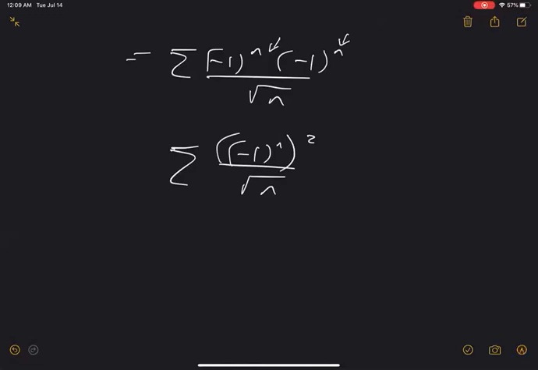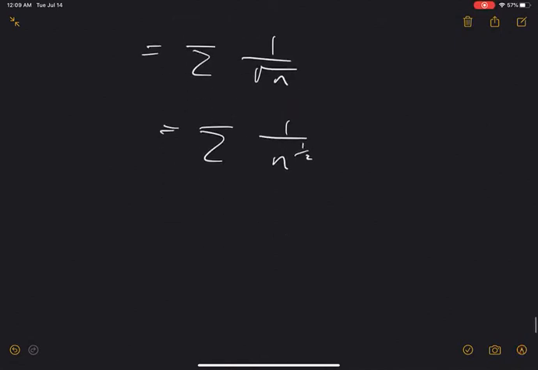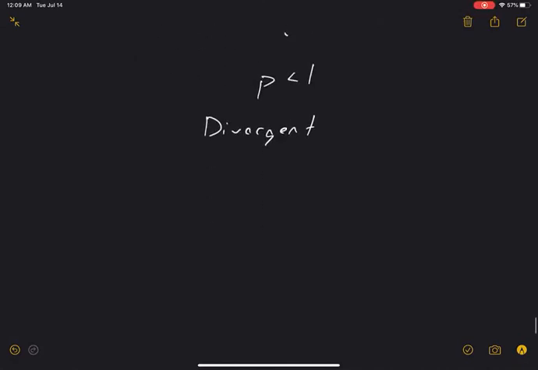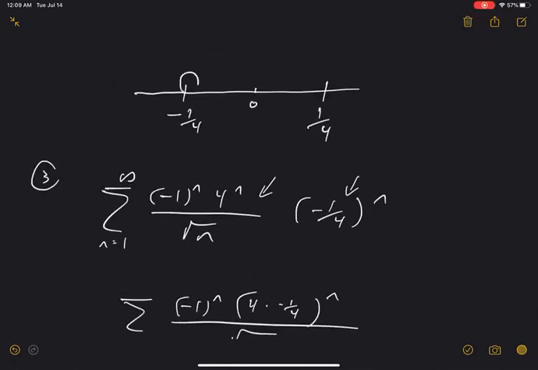That's the same thing. So no matter what this is, whether it's positive or negative, I'm squaring it. So this thing on top is always going to be positive, right? So really what I have is 1 over square root of n, which is 1 over n^(1/2). So this is a p-series. p is less than 1, so my series is divergent. Okay. So what was going on? I plugged in -1/4 and saw my series was divergent. So I don't want to include that -1/4.